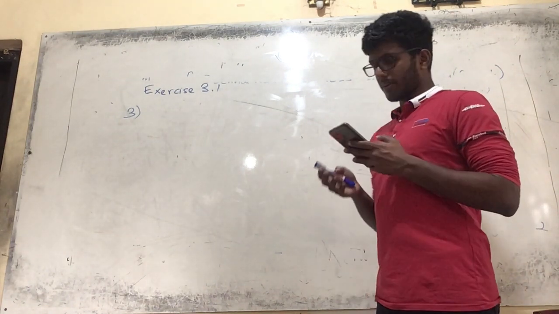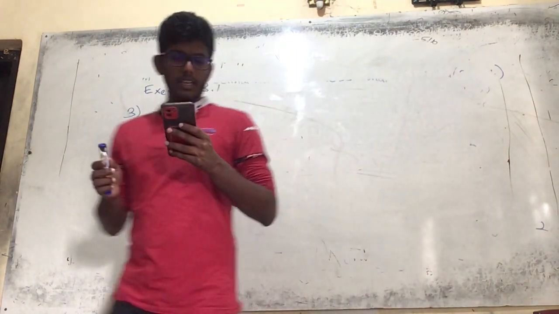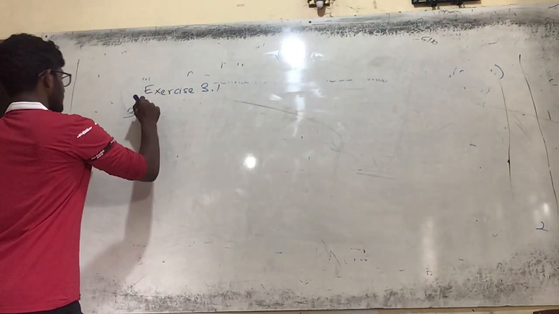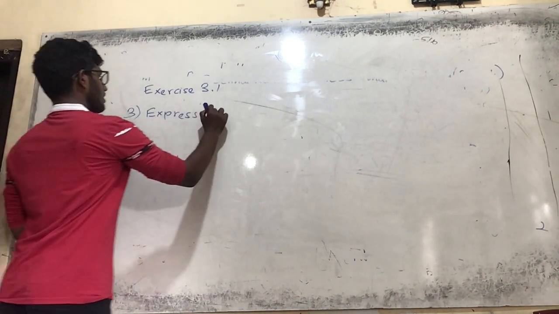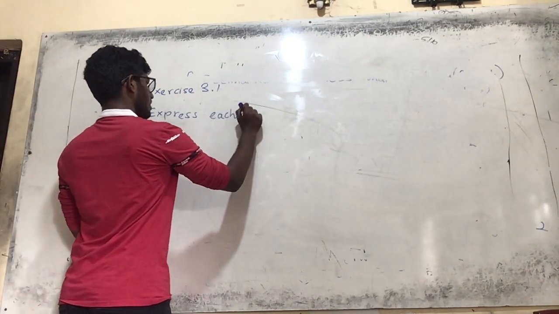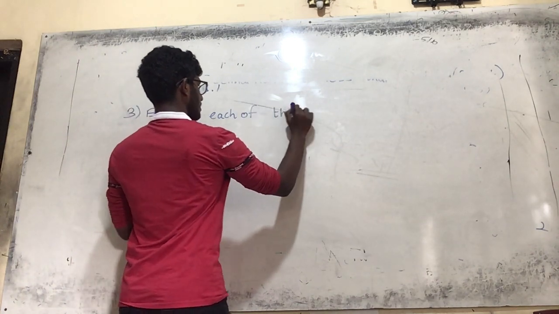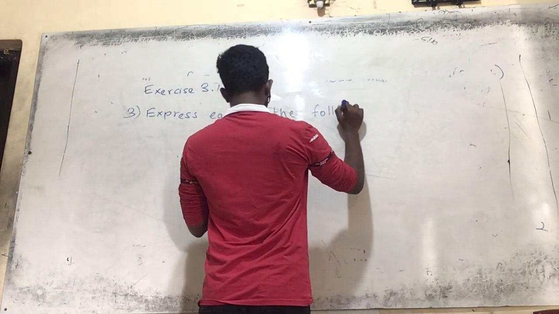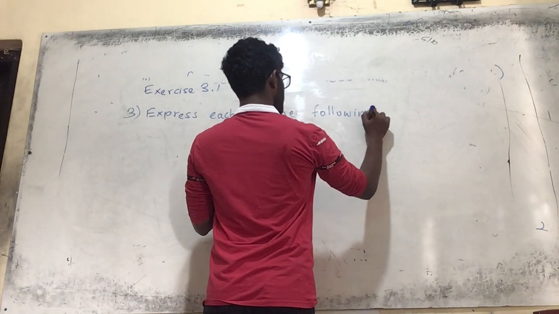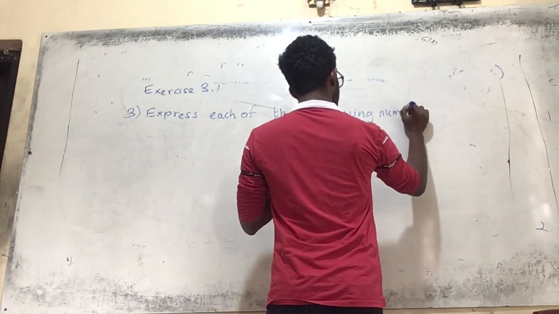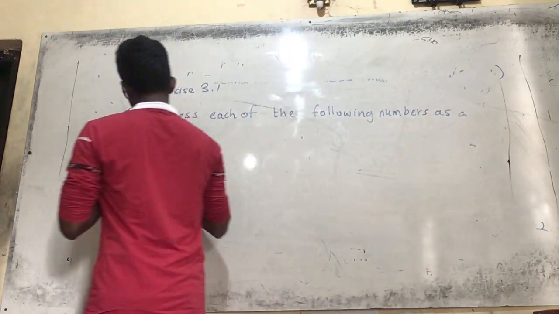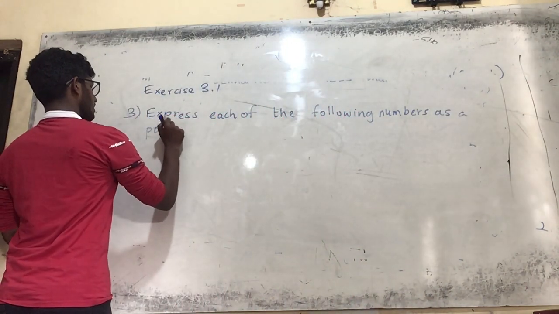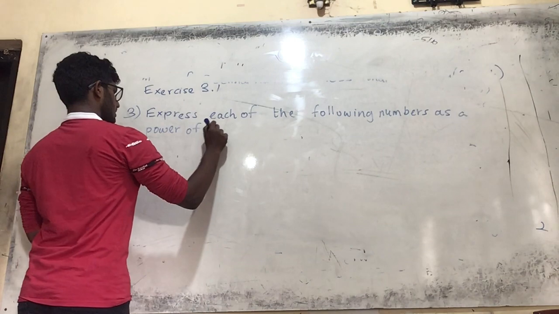So question number 3. The question is: express each of the following numbers as a power of 10.